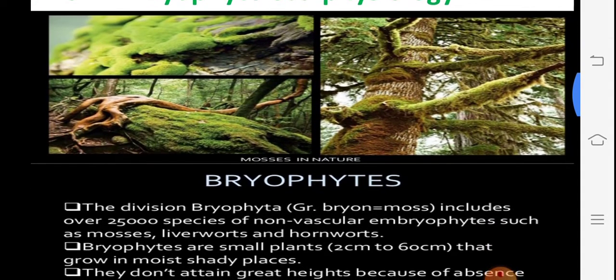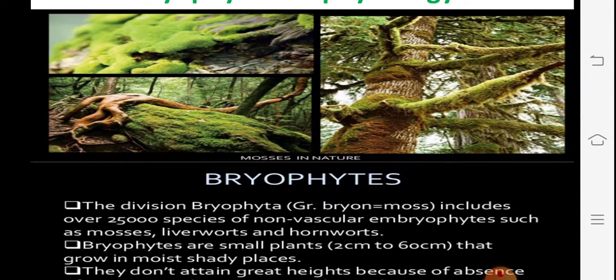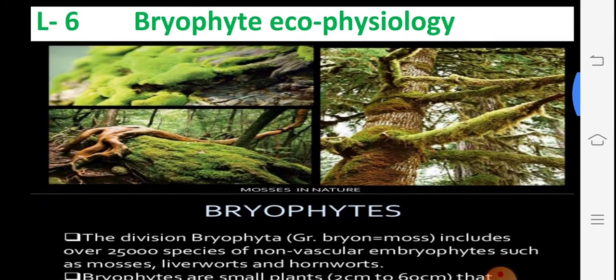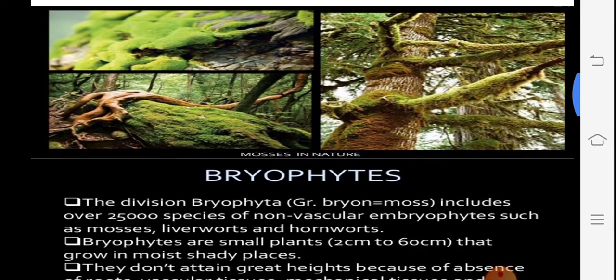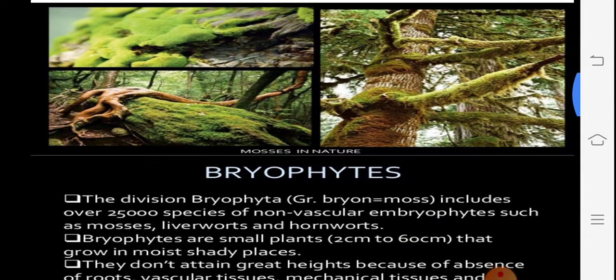Here in the photographs, the habitats are generally seen, as we know, in the rainy season, particularly with reference to our Indian region. So we have different conditions, habitats, or distribution of bryophytes. In bryophyta already we know, as it is an embryophyte, it develops the embryo, particularly in the liverworts, mosses and hornworts.